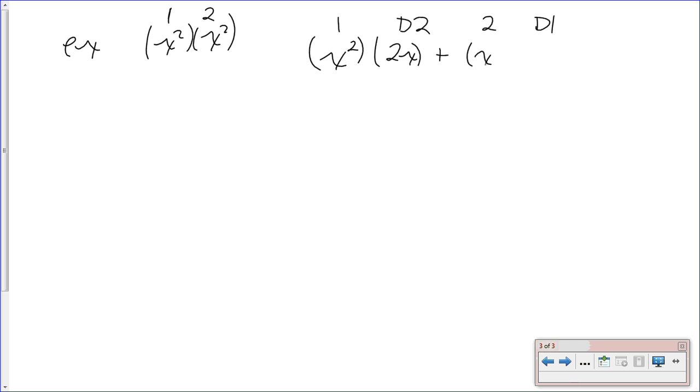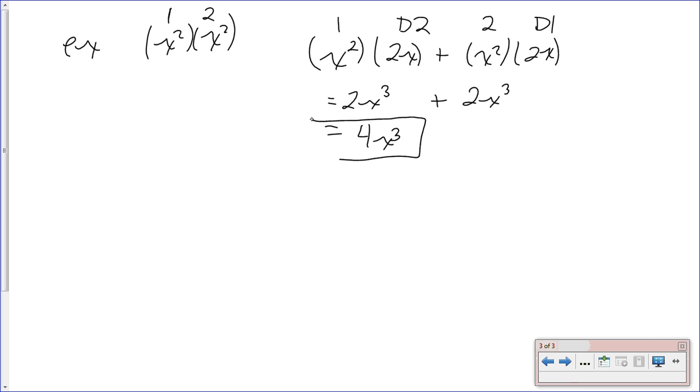So your second function, x squared, times 2x. So this is 2x cubed plus 2x cubed, which is 4x cubed, which is the correct derivative, because remember, this multiplied together gives you x to the fourth. So as you can see, this gives us the correct derivative.